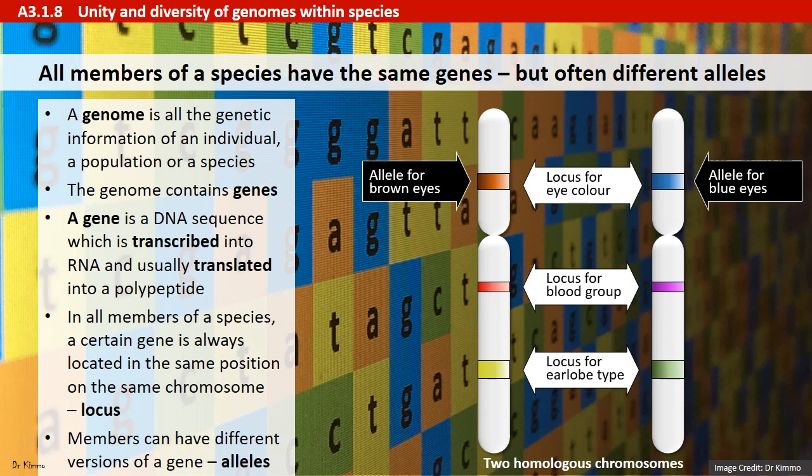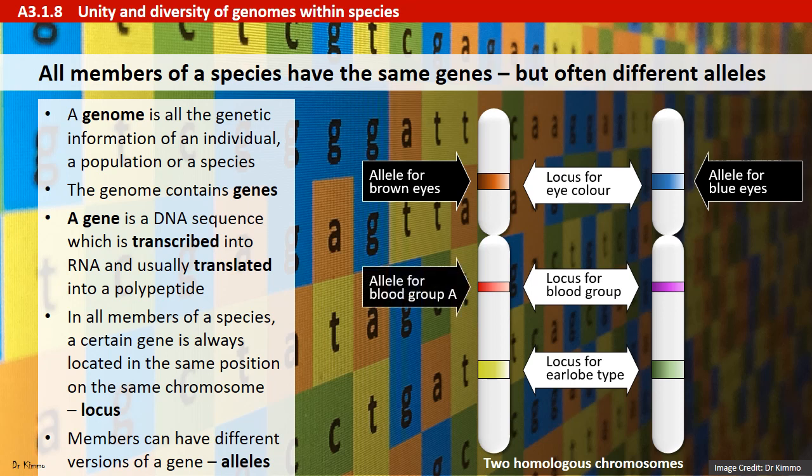Whether the eyes actually become brown or blue is then determined by which allele is dominant over the other, or whether they are co-dominant. That's something you will learn later. In this specific case, the allele for brown eyes is dominant over the allele for blue eyes. So the eyes will be brown.